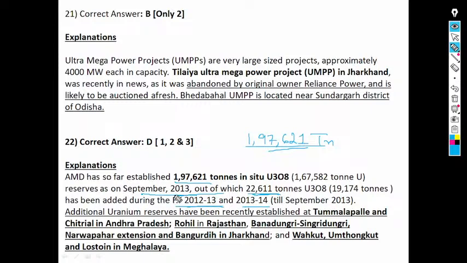It has been added during the financial year 2012-13.